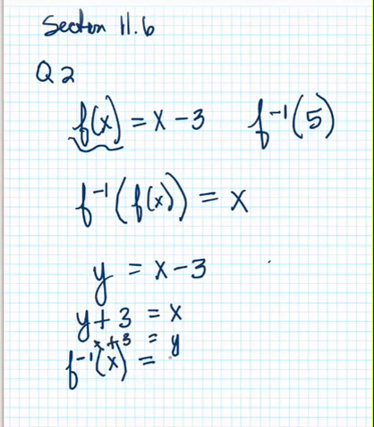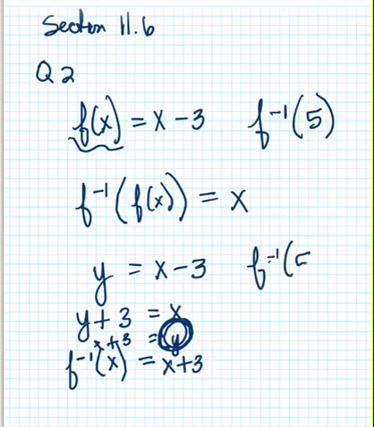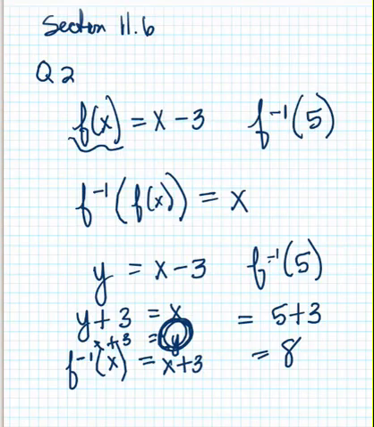So the output of the inverse function is going to equal x plus 3. That's the inverse of subtracting 3 is adding 3. All right, so now the inverse function evaluated at 5 is going to equal 5 plus 3, or 8.